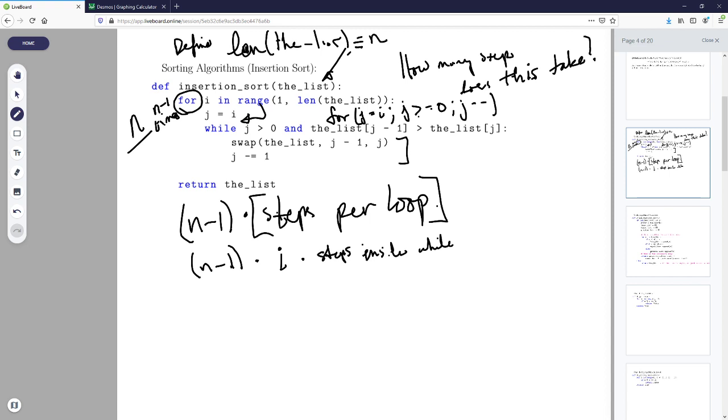Swap is going to do some number of things. Let's say that swap does 3 things. And then this j minus equals 1 does 1 thing. And then I don't know if you're going to count this, right? This is a comparison and this is a comparison. So maybe we'll do 2 more things. So every time we go through this loop, we're going to do about 5 things. So let's just call it 5.